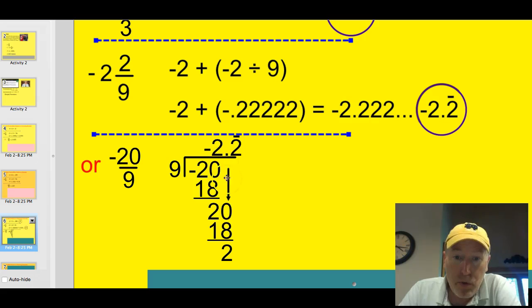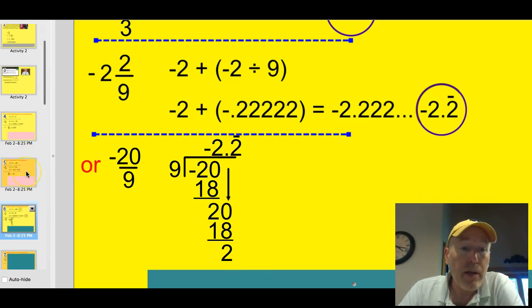So you bring down another 0. Negative 2 times 9 is 18, it goes in there. You've got 2 remainder, and you can see that it's going to be negative 2.2 repeating as well. So either way, you can do it old school. Most of the time on these types of problems, you'll have a calculator, and so I think it's just easier to work it that way.